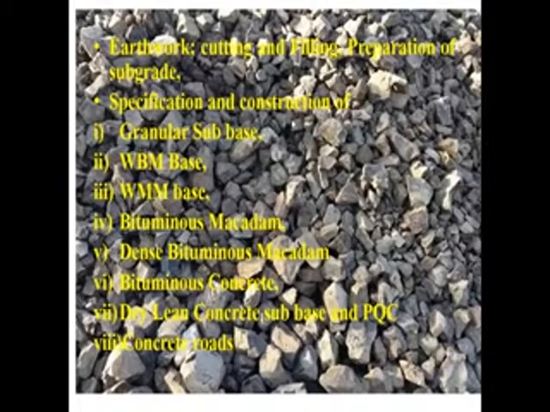For the bottommost layer the material need not be so superior, so somewhat less strength will be required. Only the specification will be different, and almost all the construction procedures will be similar, with different equipment. For soil compaction different equipment, for bituminous construction different equipment, and for GSB and WMM different equipment.